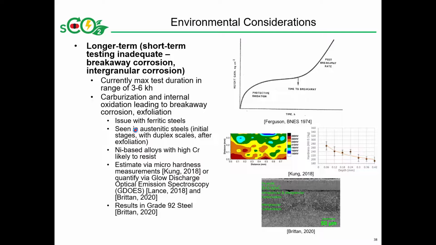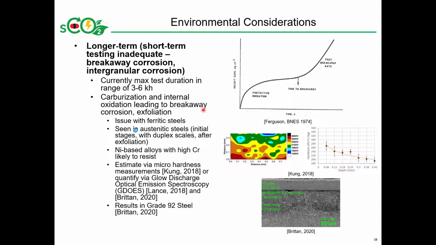to a large extent, the testing has been short term. If you look at what happens under longer term testing, you might have that protective oxidation layer break down after a certain period of time. After that breakaway of the protective corrosion layer, you get a much higher corrosion rate or weight gain, and that typically comes from carburization and internal oxidation leading to that breakaway corrosion or exfoliation.